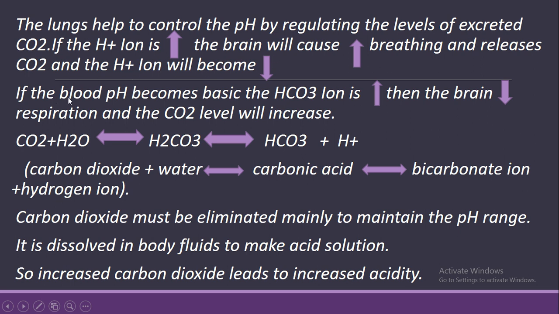Vice versa, if the blood pH becomes basic, the brain will lower the respiration, lower the breathing, and the carbon dioxide will increase. The carbon dioxide is much more needed in the body. So it is understood in the written format. See, carbon dioxide plus water.